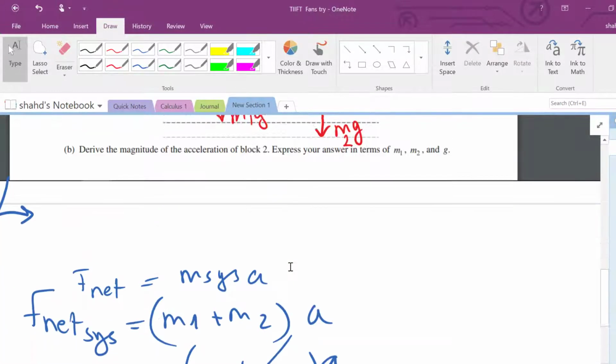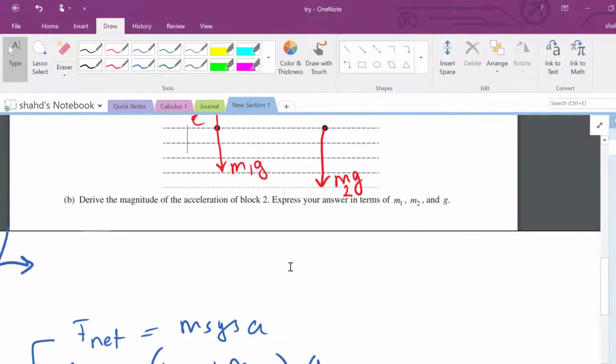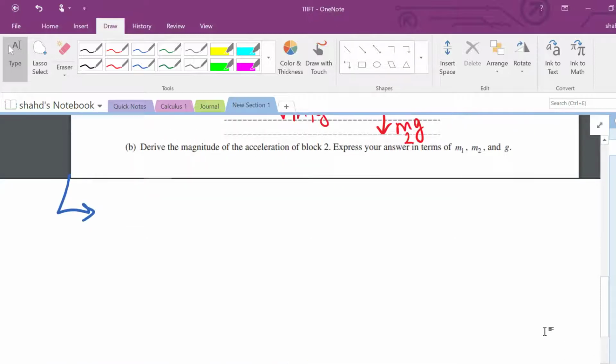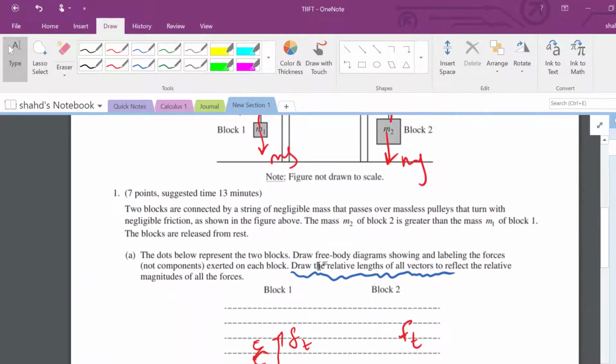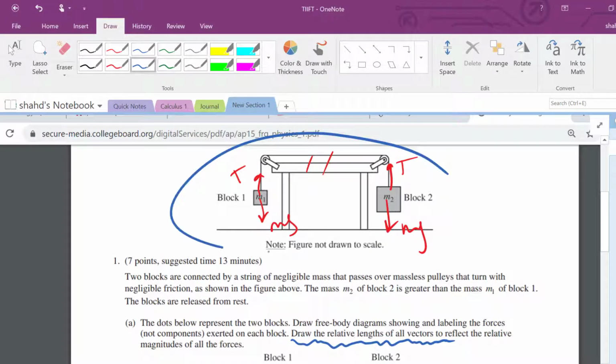Then for part B, they want you to derive the magnitude of the acceleration of block 2 and express your answer in terms of m1, m2, and gravity. So there are two ways to solve this, but I'm going to show you the best way and the easiest way to solve this. And what you should do is basically treat this entire scenario as one system. What does that mean?